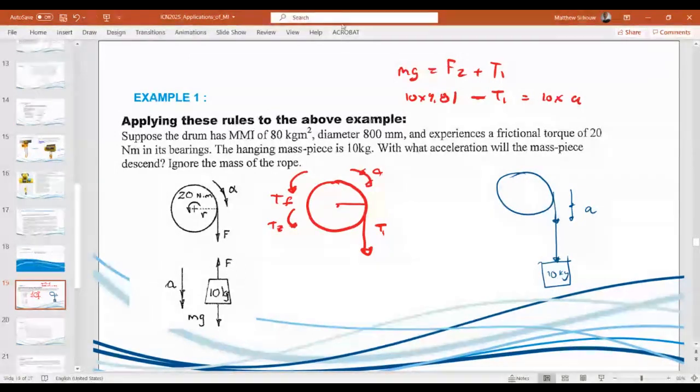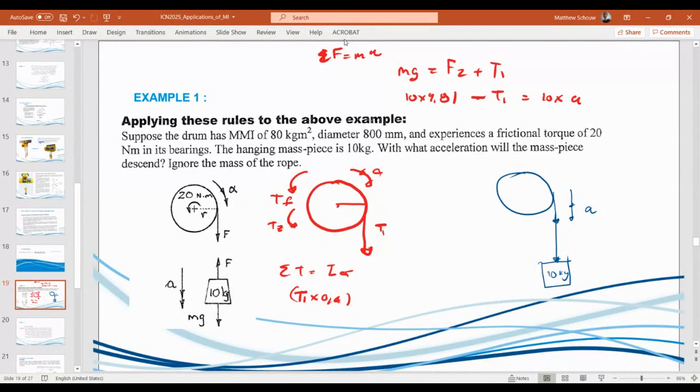So how do we do that? We essentially applied sum of F equals MA here, and you do exactly the same over here: torque equals I alpha. I have to look at all the torques. The first thing is T1, and T1 is going clockwise: T1 times 0.4.